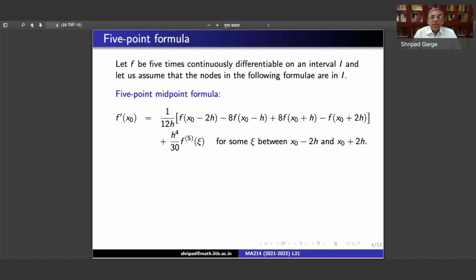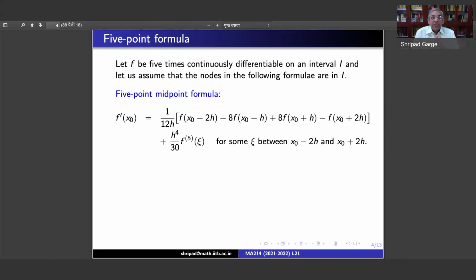So the 5-point midpoint formula, but before we go to the formula, we have to state the assumptions. The assumptions are that there is some interval I and our function is continuously differentiable 5 times, meaning the fifth derivative exists, and that the fifth derivative of the function f is a continuous function.